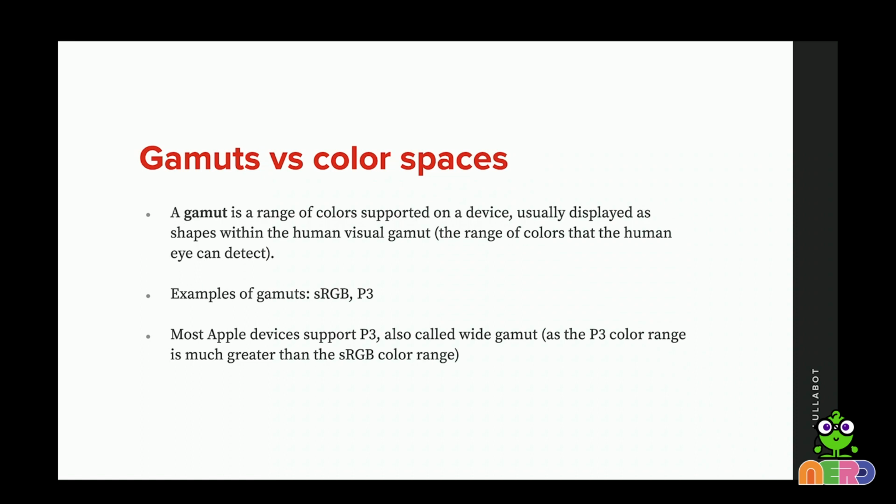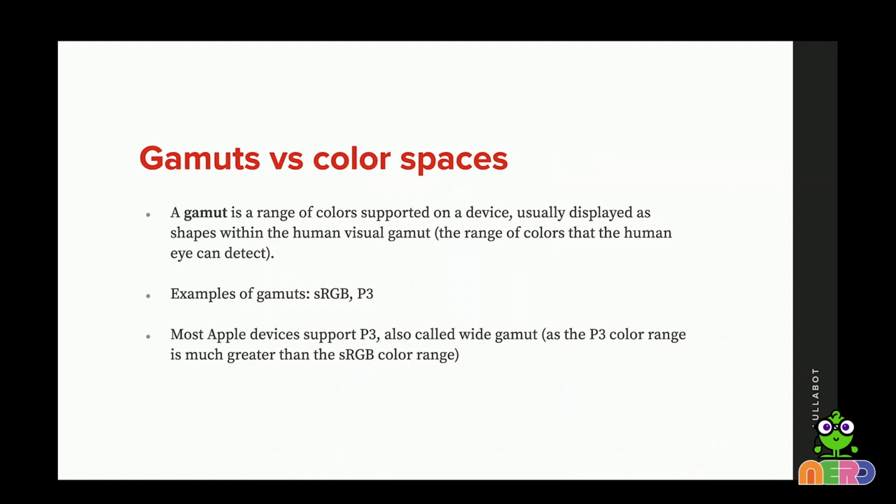I have sRGB, which has been the gamut that has been around since the mid-90s, and it's what most CRT monitors and older devices would support. And then P3 is a newer gamut that this Mac, and I think all newer phones and computers, support. Hopefully this projector supports it. Guess we'll find out when I'm showing P3 stuff.